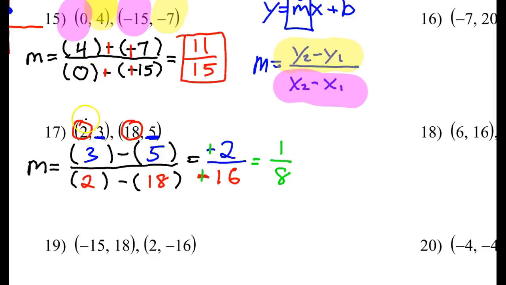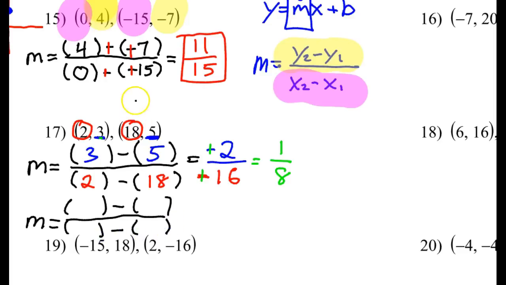Now, does the order matter? You notice how I'm putting 3 and then 5? So I put the first number, then the second number, first number, then the second number. Does it matter if I go the other direction? Because some of you are used to doing it the other way. I just want to remind you what happens if you put the second number in first.